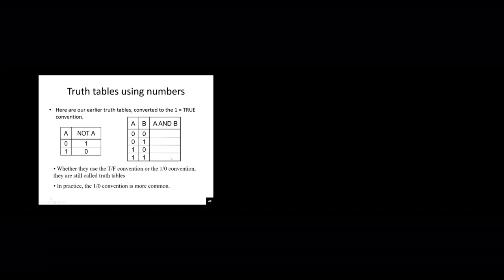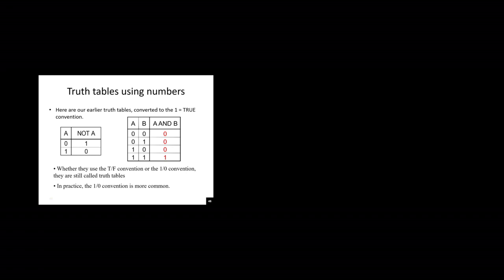So what values are in this column for the truth table for AND? Starting from the top, working down, what combination of zeros and ones do I need to write in here? 0, 0, 0, 1. False, false, false, true. Because both A and B have to be true if we want the output to be true.